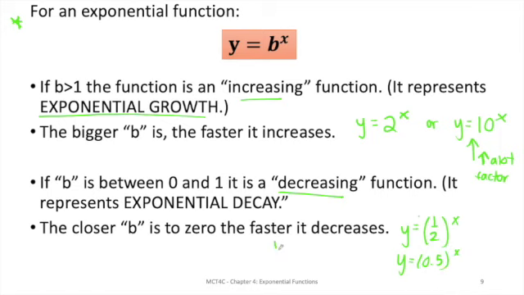But then what if you had y equals (3/4)^x, which is y equals 0.75^x? Well, which one's closer to 0? This one is. So this one is going to have a faster decrease. Okay, so just some thoughts about that, and then you may be asked a couple of questions on those.